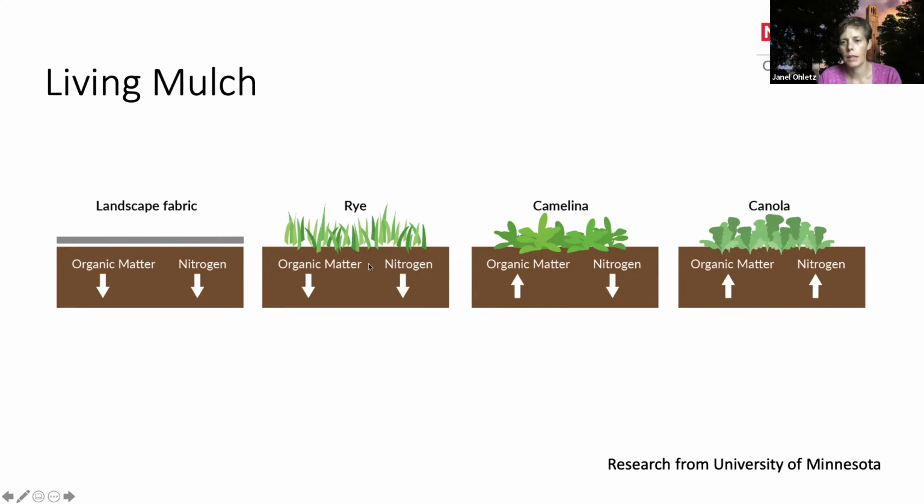With the ryegrass, it likely actually took it up, but if you allowed it to break down over time more as a cover crop, then it would release that nitrogen and organic matter back into the soil. The camelina actually increased the organic matter, but it reduced the nitrogen, and the canola actually increased both organic matter and nitrogen. So that is something to look into if you're interested in that.